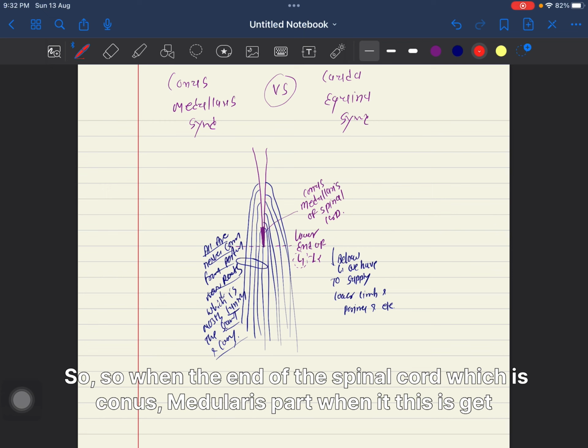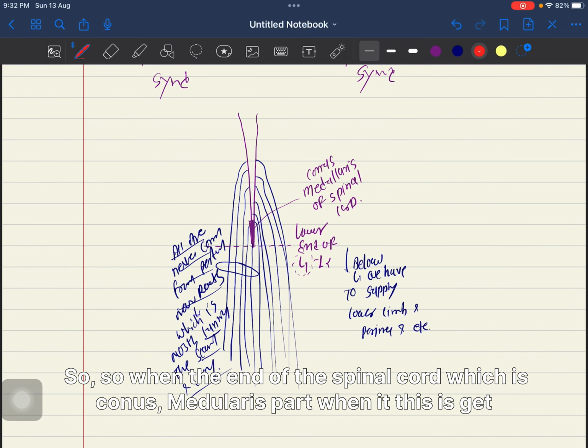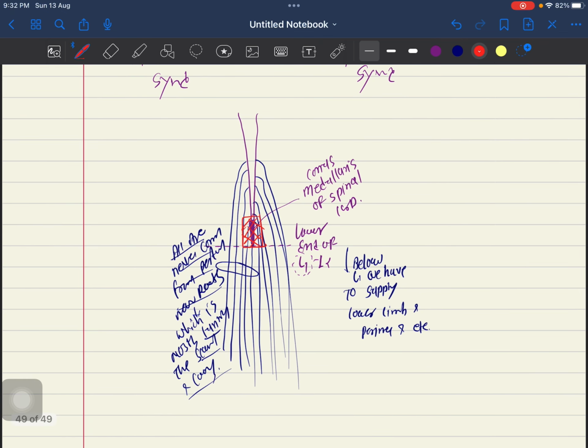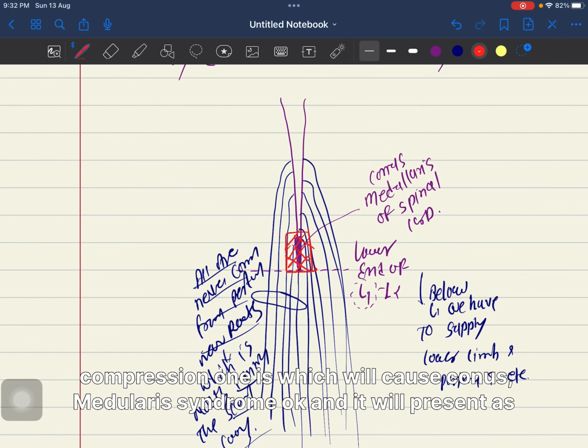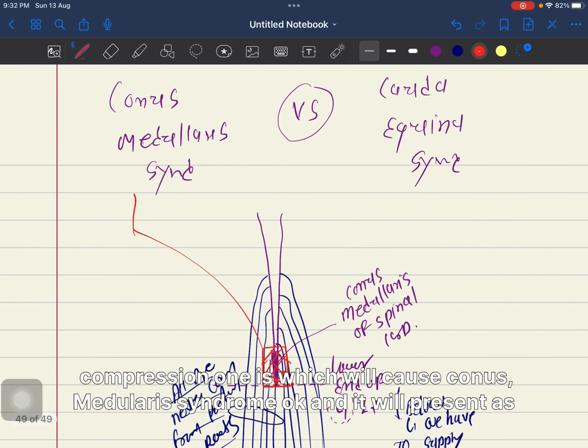So when the end of the spinal cord, which is the conus medullaris part, gets trapped, or some lesion happens to it, or some external lesion causes compression on it, this will cause conus medullaris syndrome.